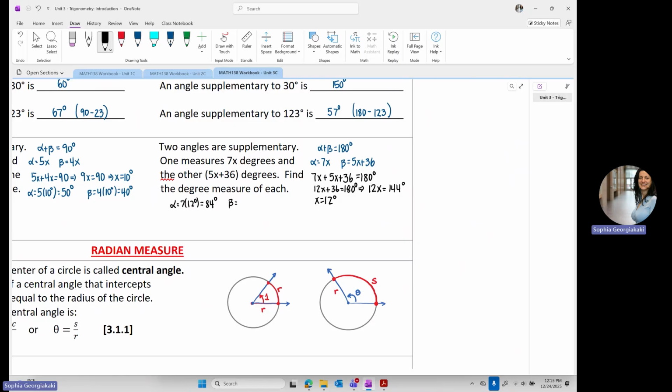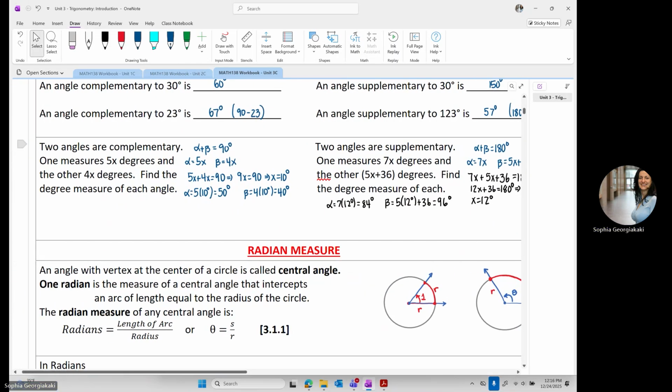And beta is 5x plus 36, and x is 12 degrees. And that will equal 96 degrees. And it is true that 96 plus 84 will give me 180 degrees.